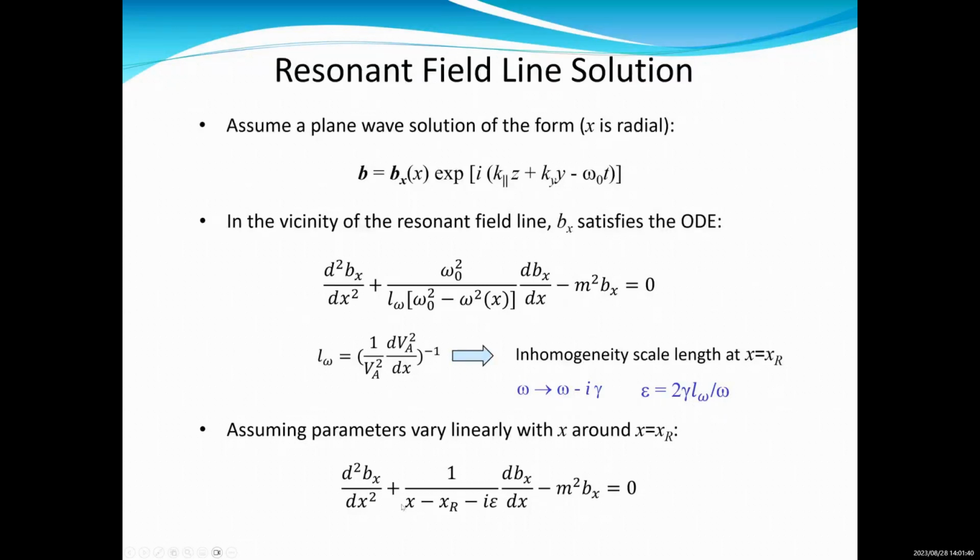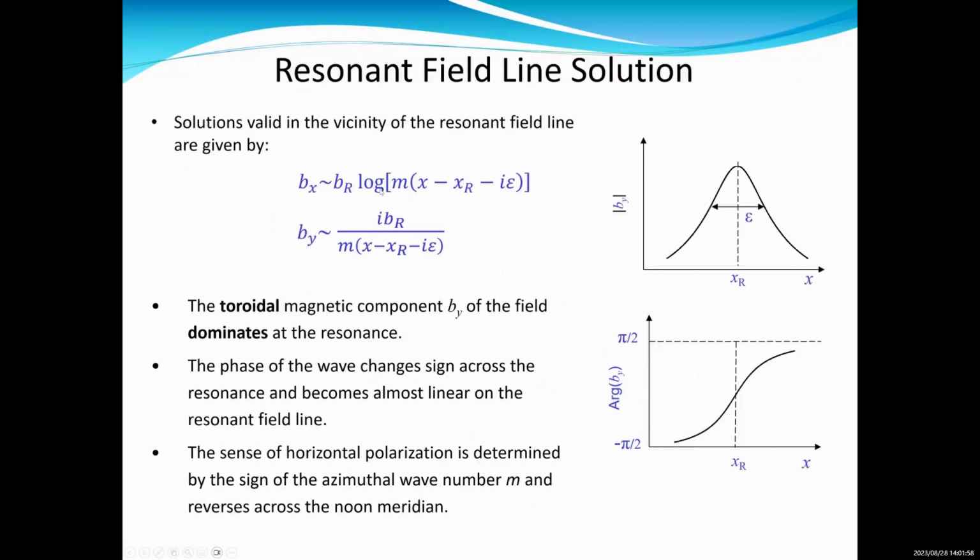At the resonant field line, x equals xr, and you've got division by the imaginary part here, in which this epsilon may be small. The field can grow to large amplitude on the resonant field line. It's possible to approximate the solutions to that field, that wave perturbation, in the x direction.